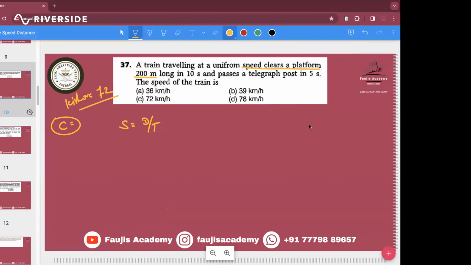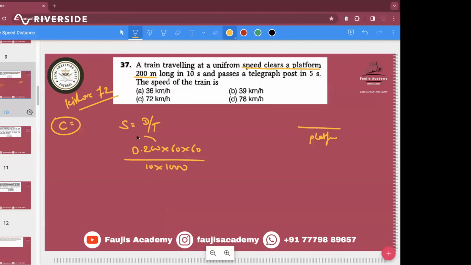This is the length of the platform. I made it 0.200 into 60 by 10 into 1000, sir.